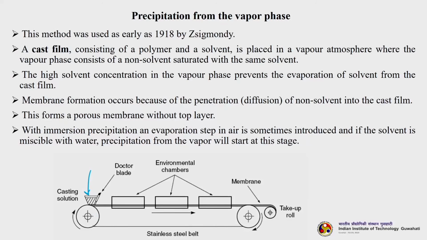Okay. Here your casting solution can be poured, then it is rotating on the stainless steel conveyor belt arrangement, and this film is gradually passing through various chambers. So, in these environmental chambers, some will have the vapor phase containing the non-solvent, some will have air, and in some chambers drying will also take place just before we take up the final membrane.